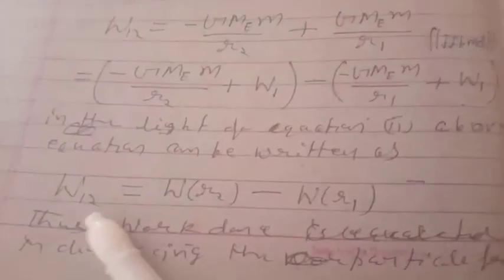Let us associate a potential energy function W(r) at a distance r such that W(r) equals minus G Me m by r plus W1, equation 2. Now equation 1 can be written as W12 equals minus G Me m by r2 plus G Me m by r1, equals (minus G Me m by r2 plus W1) minus (minus G Me m by r1 plus W1). In the light of equation 2, this can be written as W12 equals W(r2) minus W(r1).